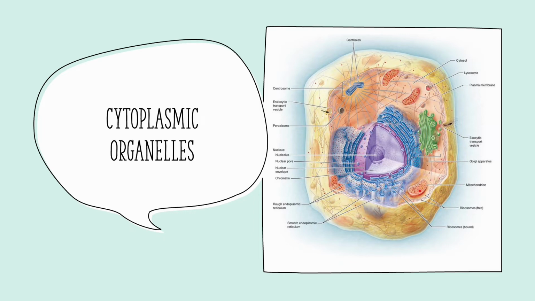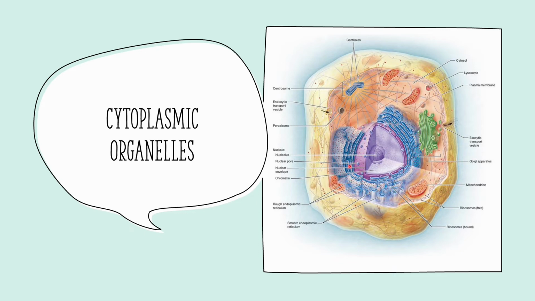Here you have the mitochondria, the free ribosomes, and the smooth and rough endoplasmic reticulum. Smooth endoplasmic reticulum is called that because it doesn't have ribosomes on it, and the rough endoplasmic reticulum is called rough because it has ribosomes attached to it.